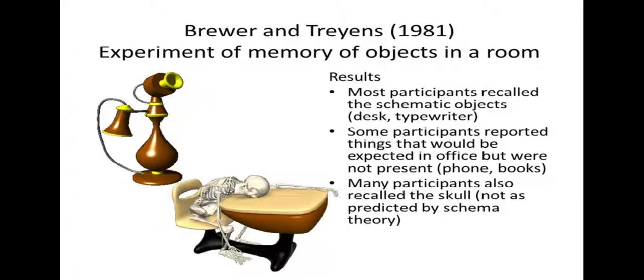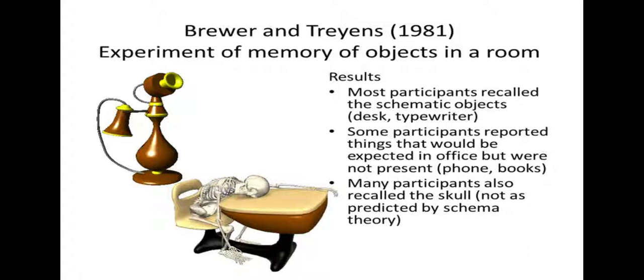The results were that most of the participants recalled what they expected, the expected objects that would fit in with their schema, the desk and a typewriter. Some participants reported things that they expected to be in the office but weren't actually present, like a phone and books.